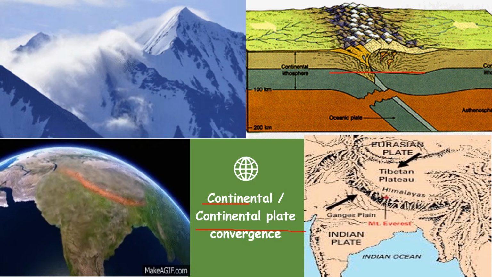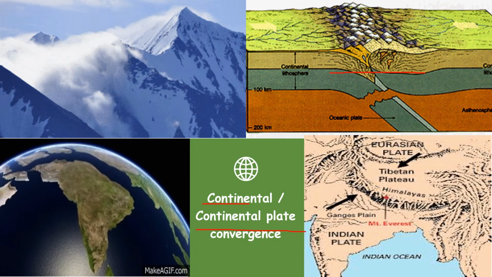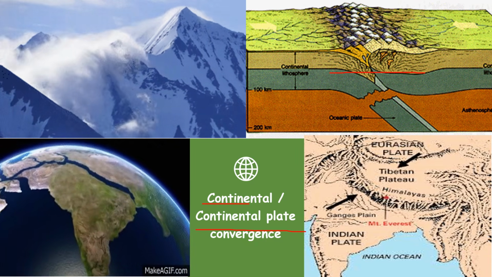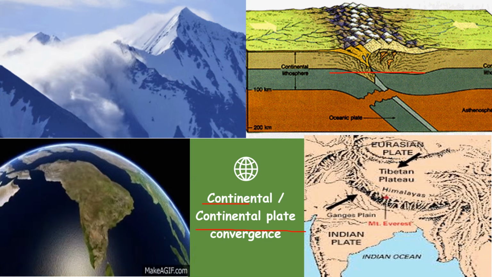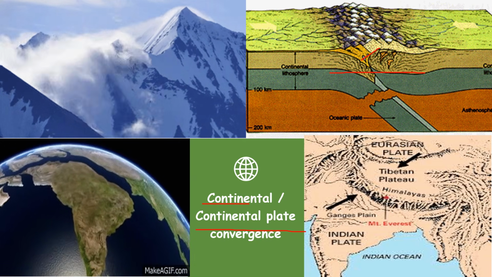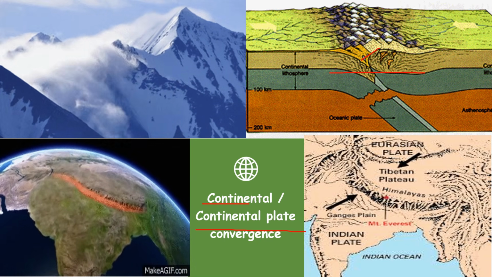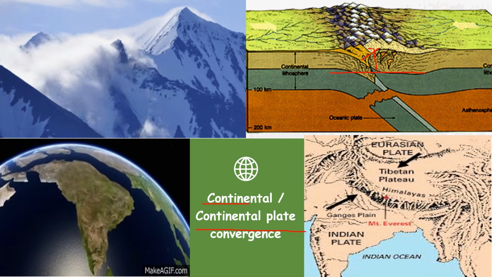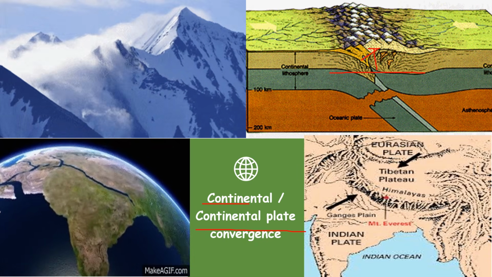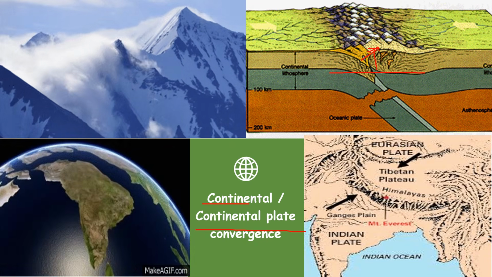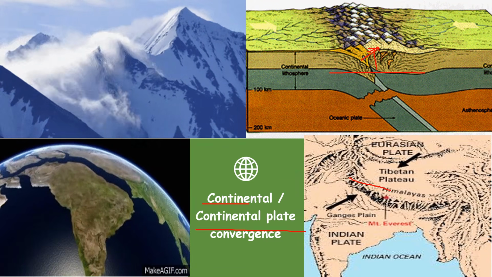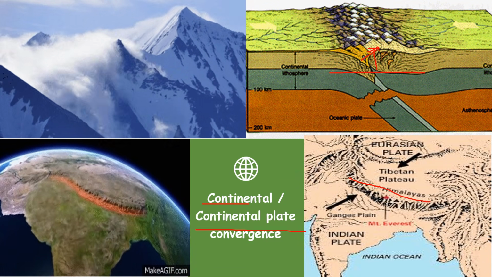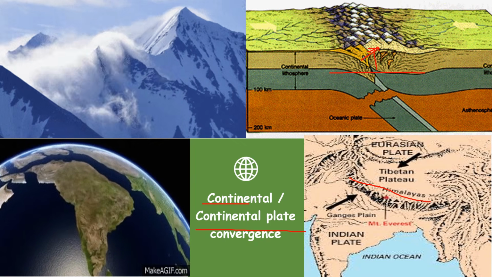So what happens here is instead na magkaroon ng subduction zone, meron tayong tinatawag ngayon na collision zone. So here, instead na bumaba yung lupa, it would rise up and it would form now yung mountains. In fact, ganitong process nabuo yung pinakamataas na bundok sa buong mundo, which is the Mount Everest.